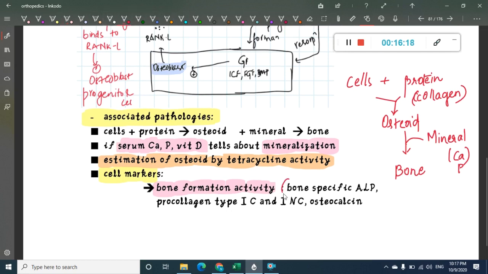These include bone specific alkaline phosphatase, procollagen type 1C and type 1N, and osteocalcin. So we have three main markers of bone formation: bone specific alkaline phosphatase, procollagen and osteocalcin.